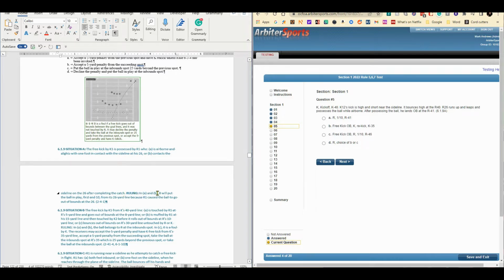In both A and B, R will put the ball in play 1st and 10 from its 26-yard line because R1 caused the ball to go out of bounds at the 26. And that's the case we have here.